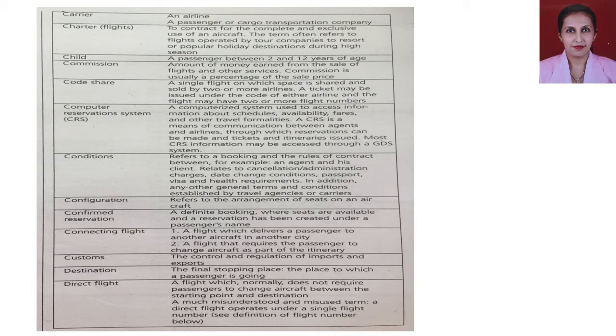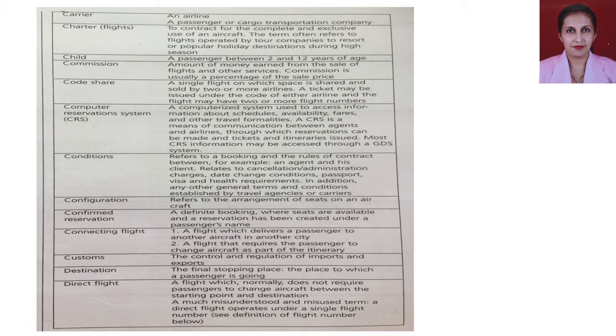Confirmed means definite, guaranteed 100%, there is no doubt in that. It's a confirmed fixed booking, so that booking will have a seat reservation. If I am doing a flight booking, I am 100% sure I will get a seat, and a reservation has been created under a passenger's name.